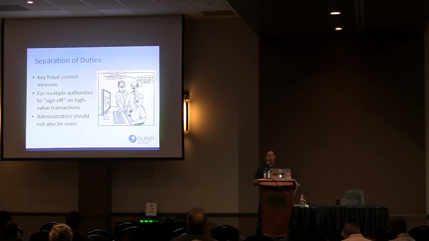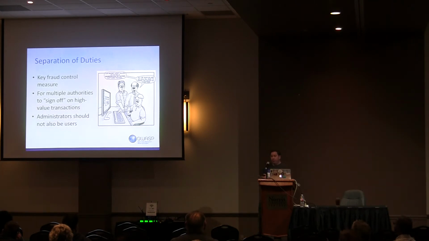Separation of duties basically says that multiple authorities have to sign off on high-value transactions. So for me to do a certain thing, I need to have this person do something and this person do something. In the case of most organizations, what this means is things like the person who has the ability to enter new vendors does not also have the ability to pay vendors, right?